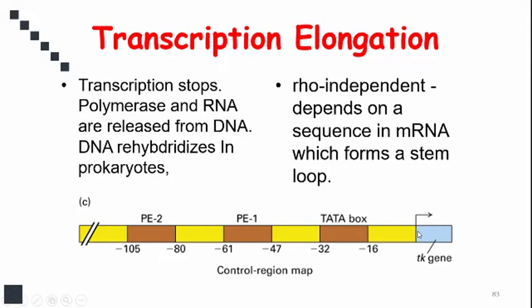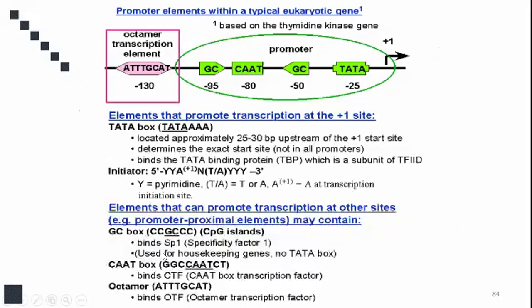Now, this blue color here and this arrow indicating going to the right is actually the beginning of this TK gene, for instance. So anything upstream here is labeled negative. So minus 16, that's 16 bases from the start of this particular gene. 32 meaning 32 bases from, and then as you go upstream and so on.